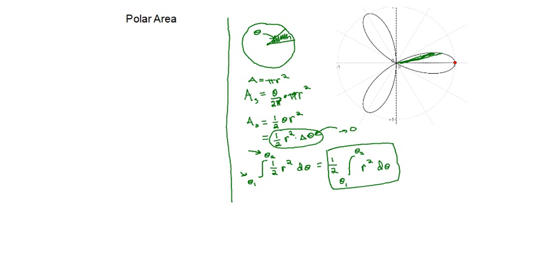So we are going to look at the equation r equals 2 cosine of 3 theta. And so I'd encourage you right now, can you draw that on your calculator? Just so happens to be the graph I have here on the right. And we want to figure out the area of one petal.